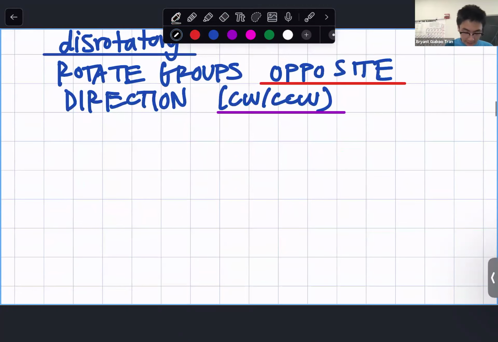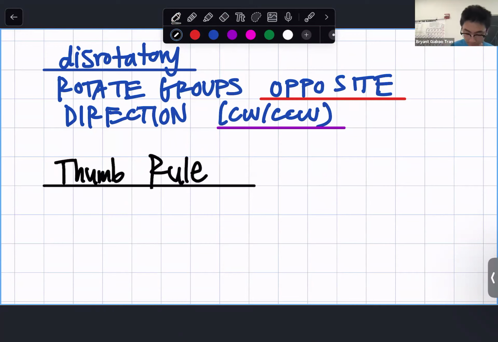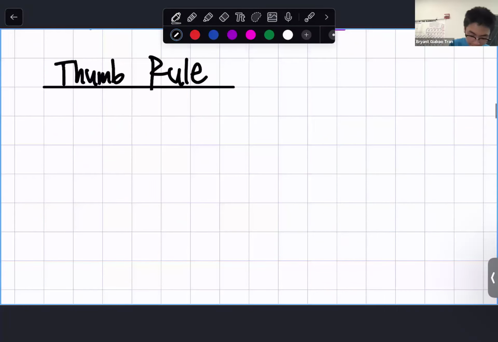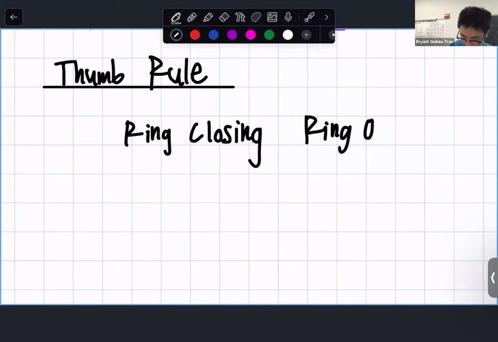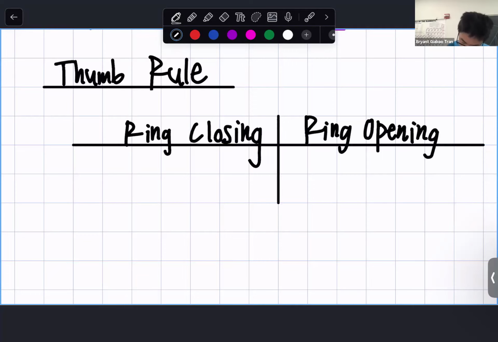So here is something called the thumb rule that I like to use for these reactions. Let's separate these into two reactions, ring closing and ring opening, where you are going to start your thumbs in a certain way and then end your thumbs in a certain way when you rotate these groups.